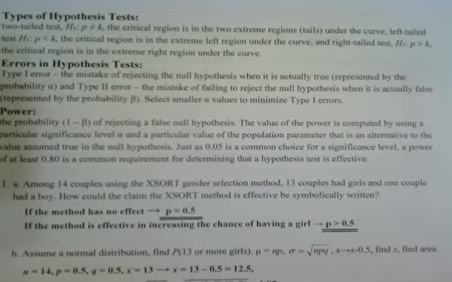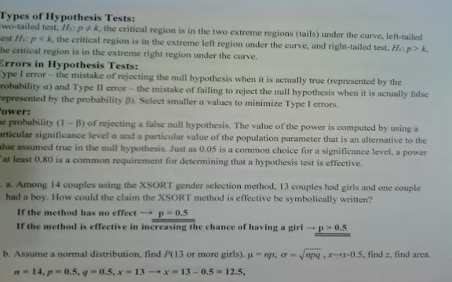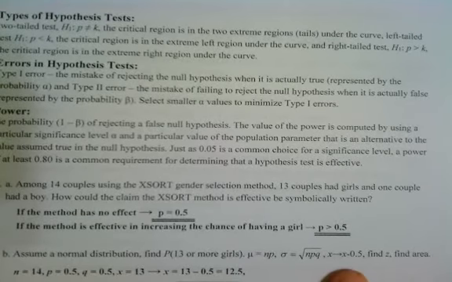All right, let us assume a normal distribution. Find the probability that we would have 13 or more girls. Now, this is a binomial type situation, so mu equals np and sigma equals the square root of npq. For x, we are actually going to use x minus 0.5.